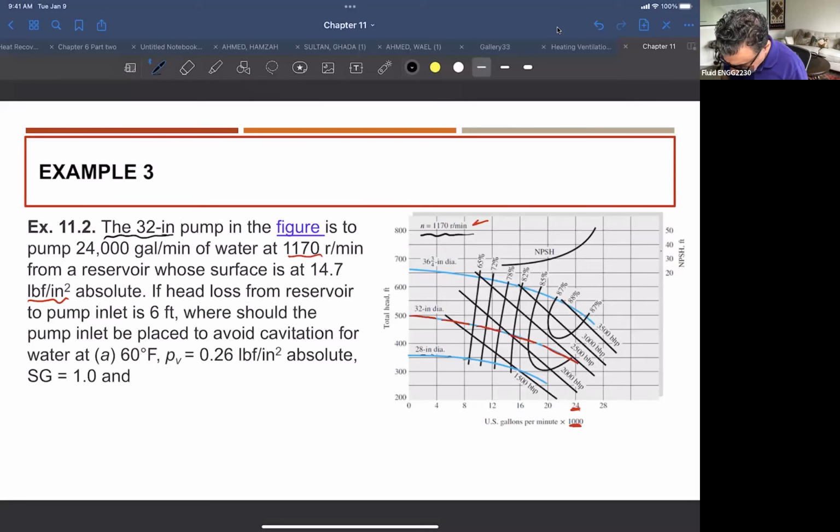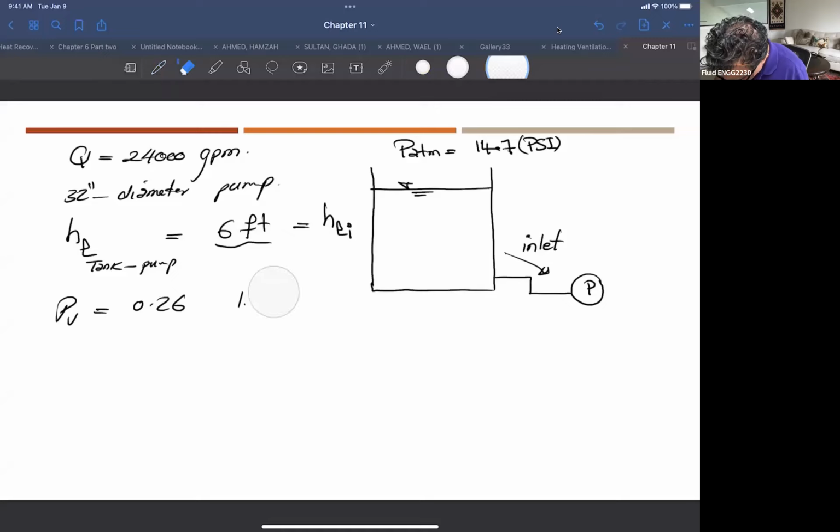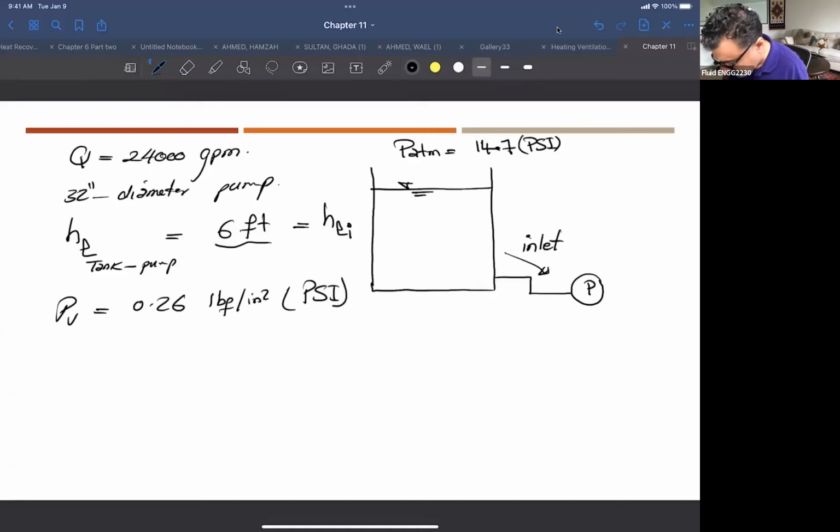So at 60 degrees Fahrenheit, the vapor pressure is 0.26 pounds per square inch. This is the same as PSI. Okay, and it's given here.